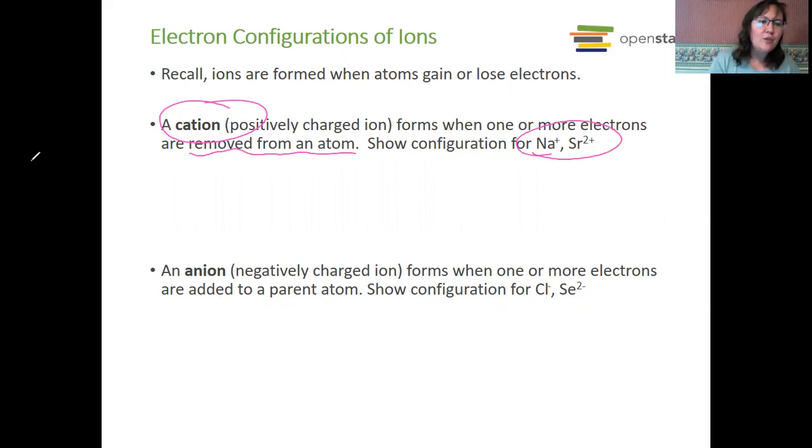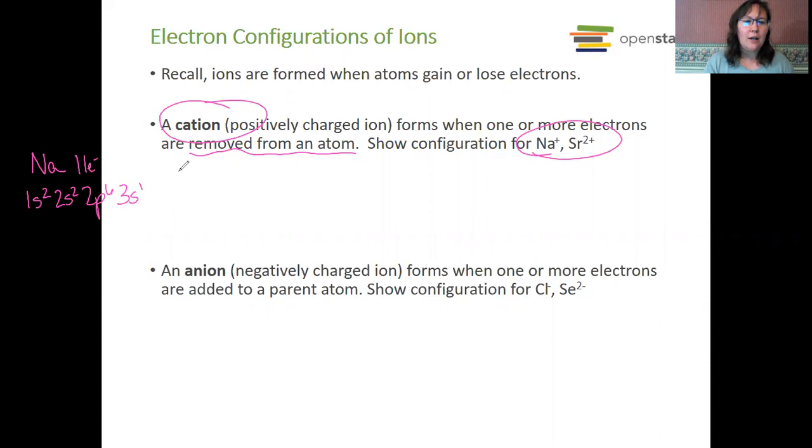Okay, now I showed sodium once before, it's number 11. It has 11 electrons. Okay, and I'm just going to show this quickly because I've already shown it once before or twice. 1s2, 2s2, 2p6, and 3s1.